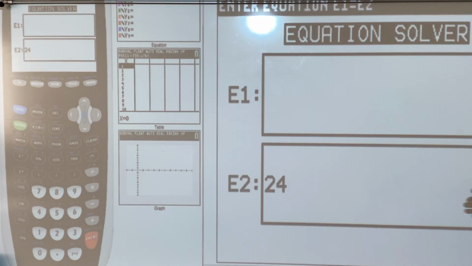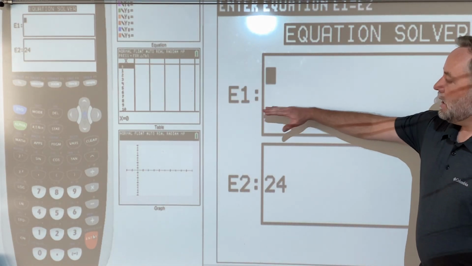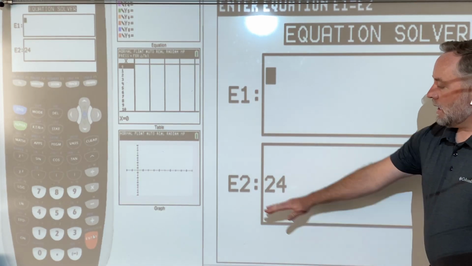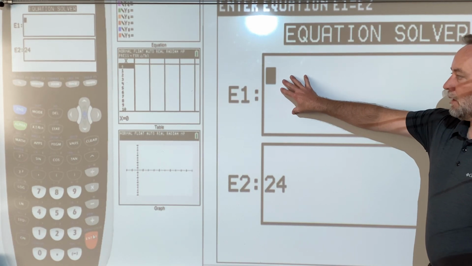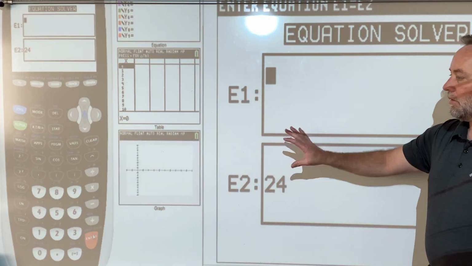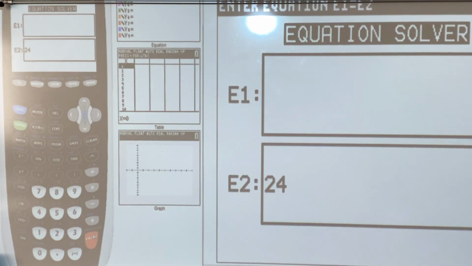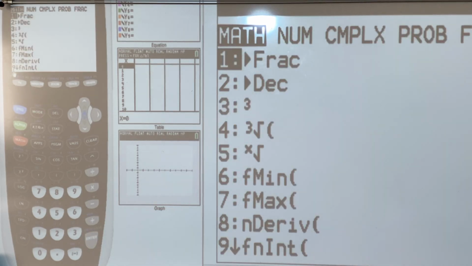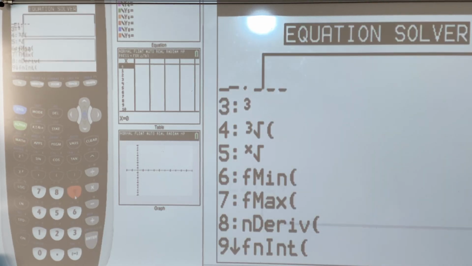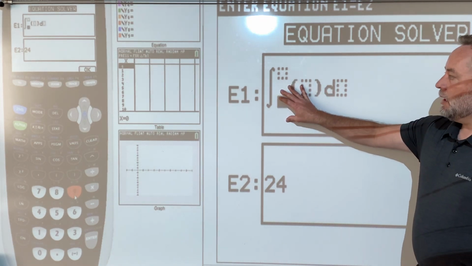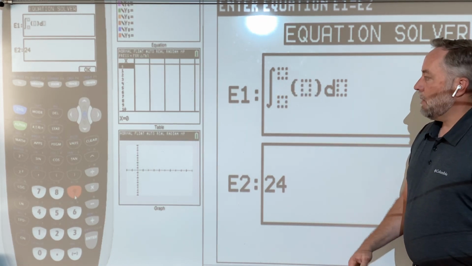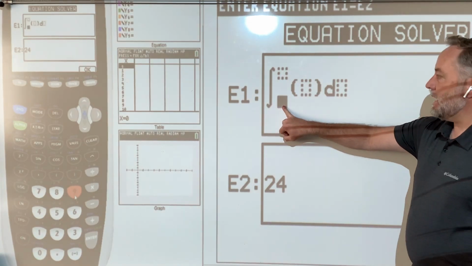On mine, and ultimately, hopefully yours looks this way, it has a box for equation 1 and a box for equation 2. So what we're going to put in equation 1 is the integral that we just wrote. So the way that we're going to do that is hit math, and choice 9 is function integration. It gives us that integral. Okay, and if we remember what the problem said, our lower bound was -1.